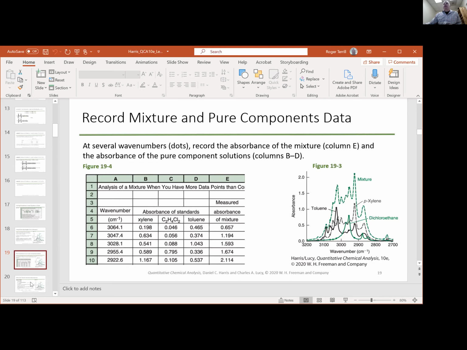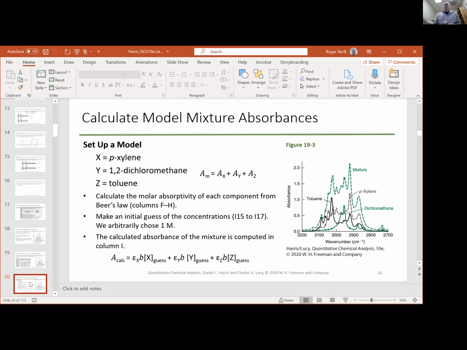And in order to decompose all that, the proper way to do it is to use least squares. The idea is that you'll have a calculated absorbance at each wavelength.